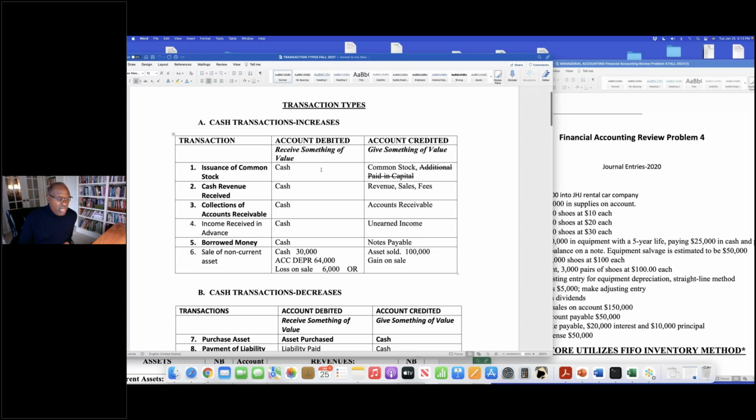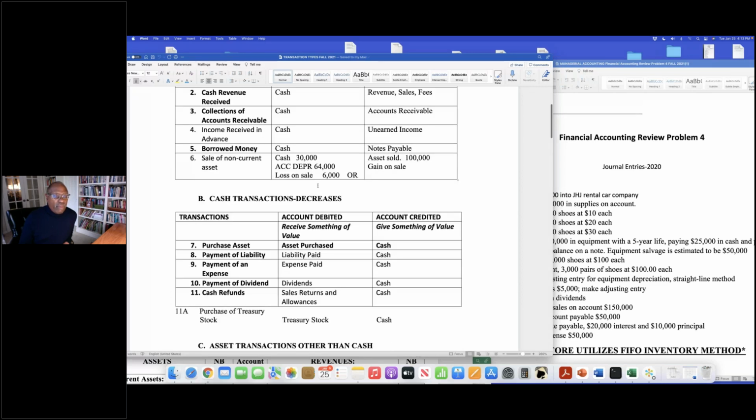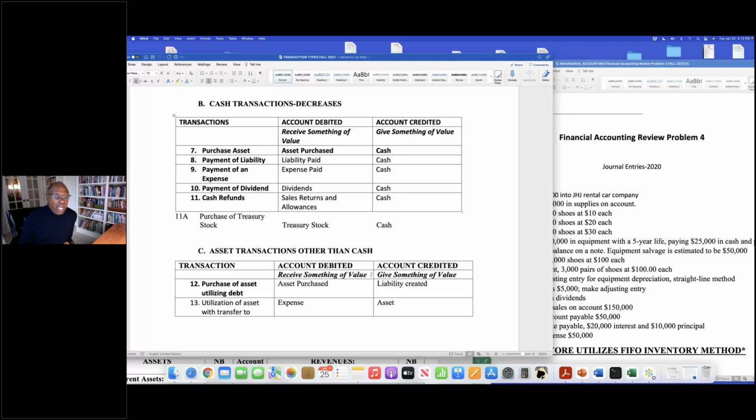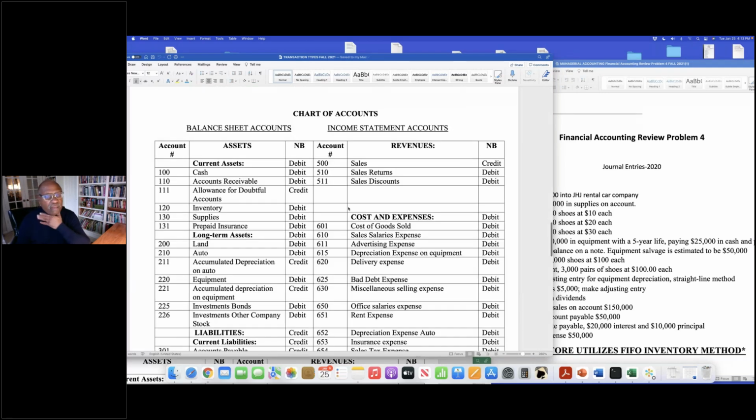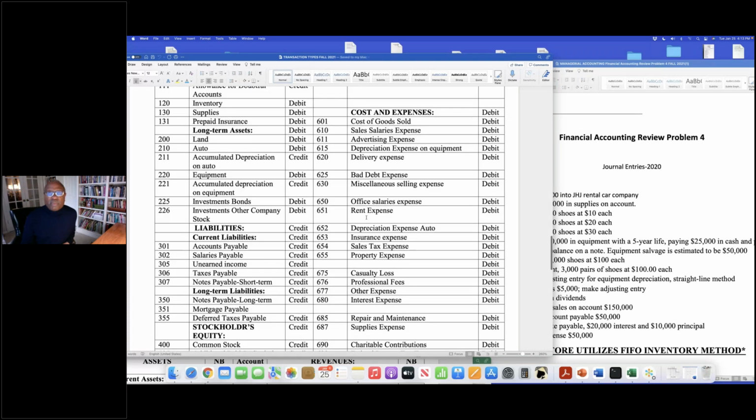When cash comes in, we debit cash. When cash goes out, we credit cash. Sometimes we'll have transactions that don't impact cash. But the first thing you always do is get a transaction type. After you get a transaction type, you go to this chart of accounts to get the numbers for the accounts you're going to be using. So that's how we make journal entries.